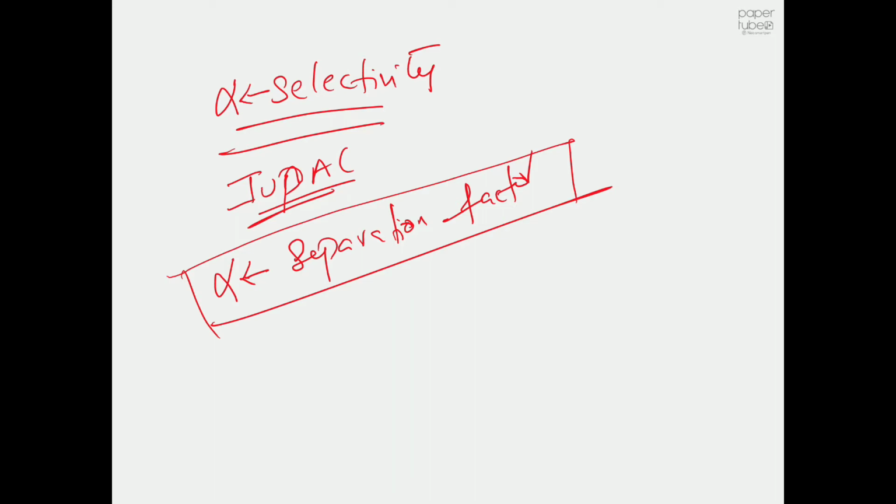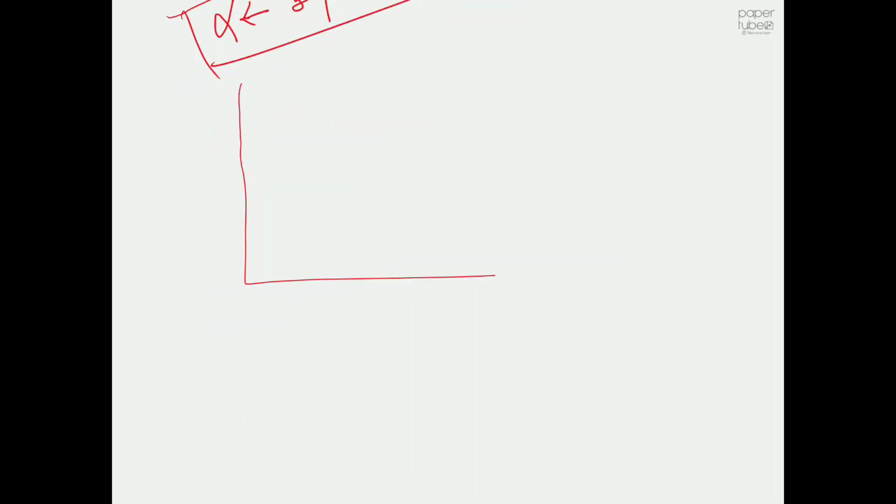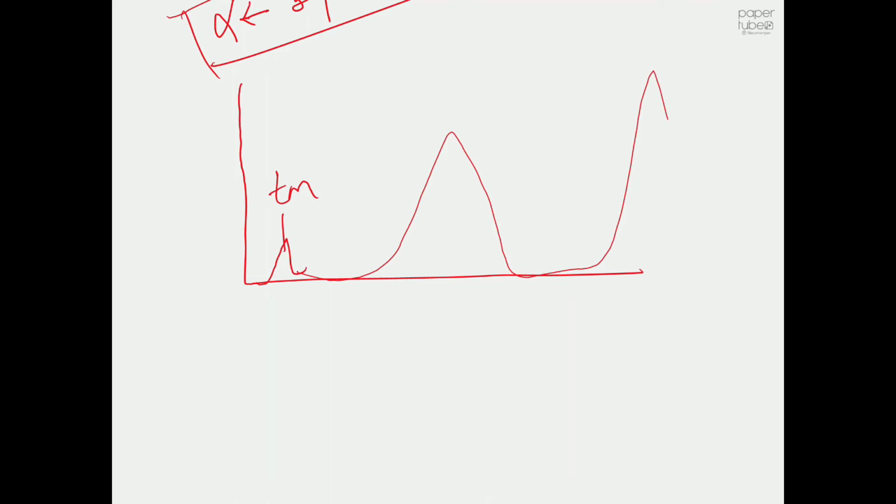And the general rule is something like this, if you take a chromatogram. Say this is your tracer molecule, this is compound A, and this is compound B. If there is a clear separation, normally your alpha value will be high.